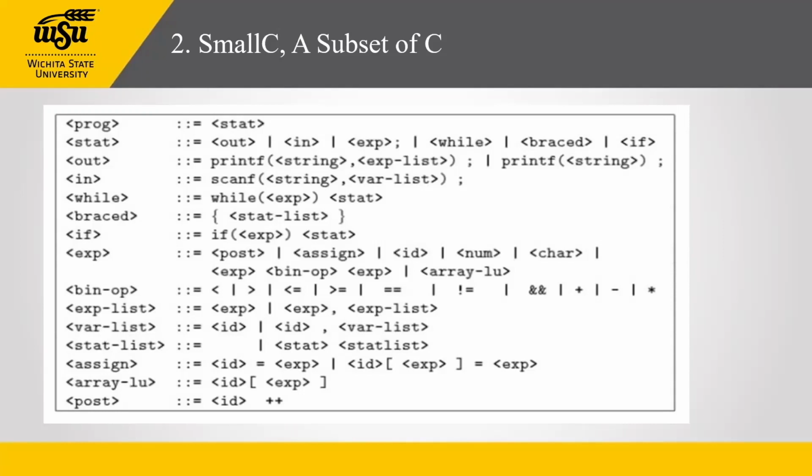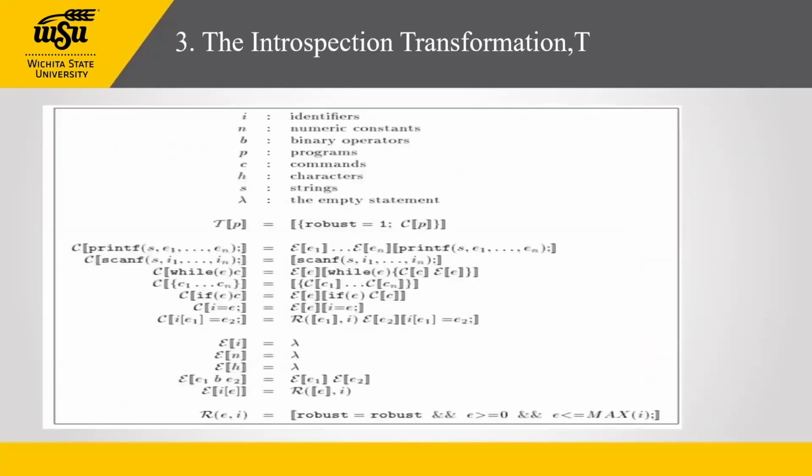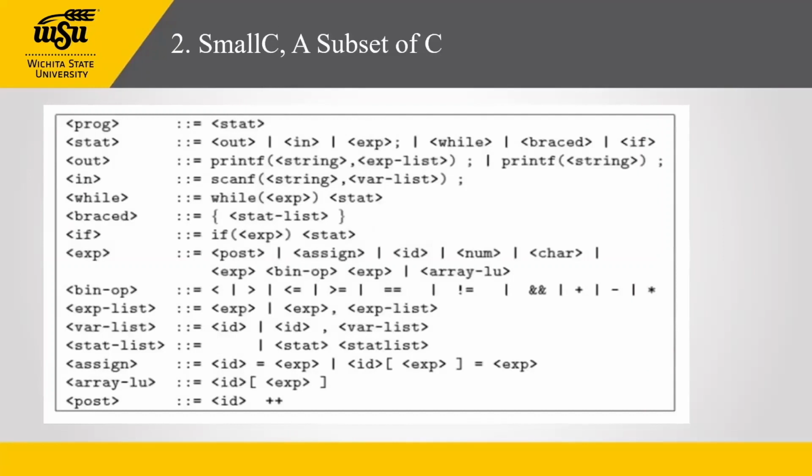Expression list, expression, and a variable list like variables, stat list like a stat, assign, where we assign the values to the variables, array list, id on the post, or like post increments.